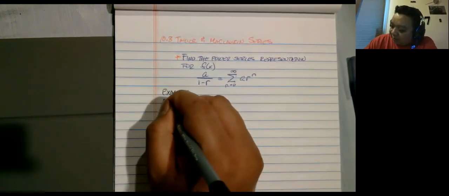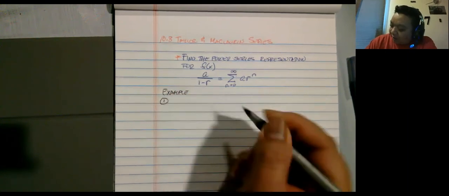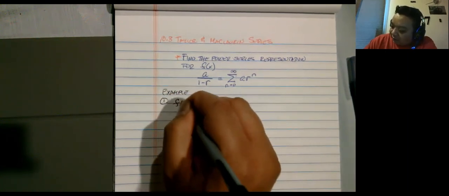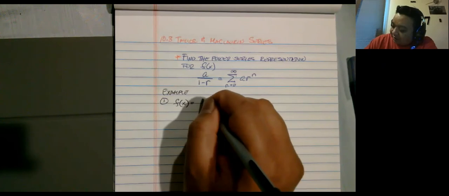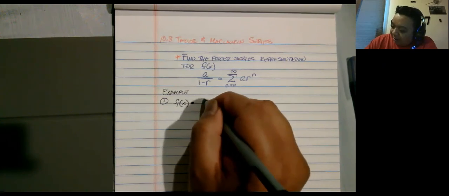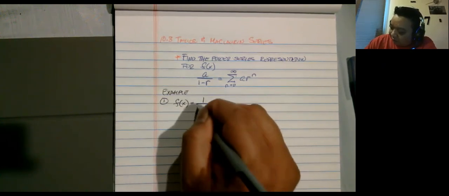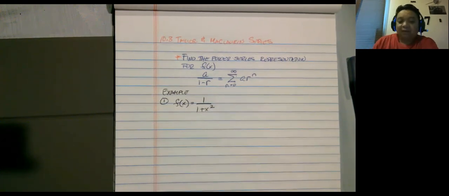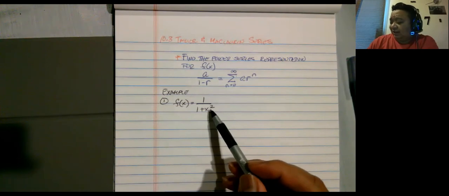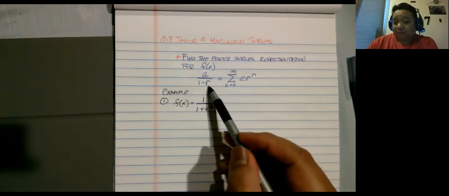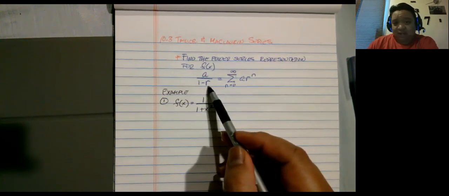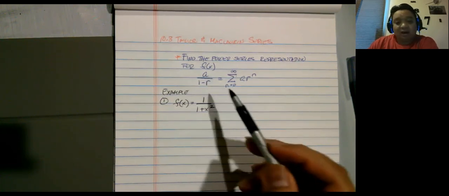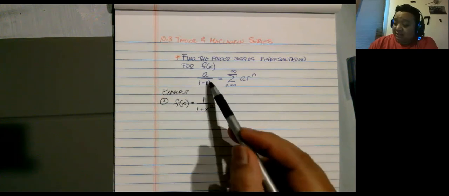So number 1. If your f of x is equal to 1 over 1 plus x squared, the idea is to match this with this expression, which is the sum of your geometric series, and try to figure out what a and r actually is on the problem.